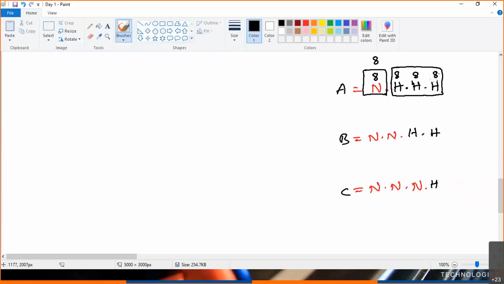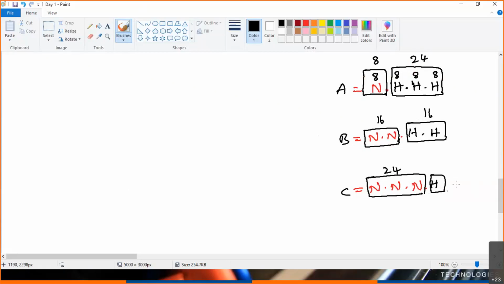Total number of host bits: 8 plus 8 plus 8, 24. Number of network bits in class B: 16. Number of host bits in class B: 16. Number of network bits in class C: 24. Number of host bits in class C: 8. So clear, guys, everyone?